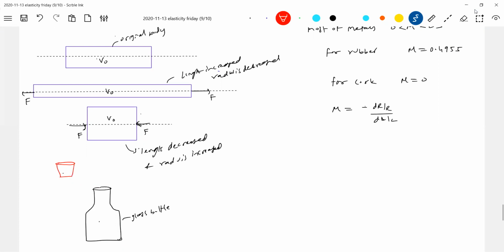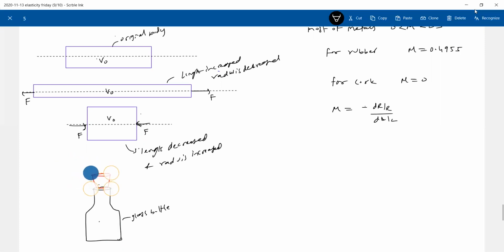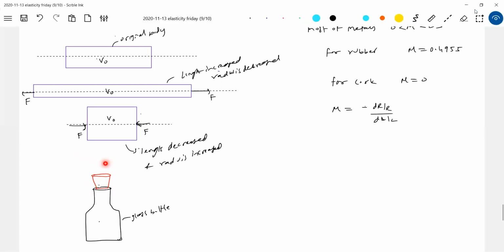Let's see, the cork shape will be like this. Now I want to bring the cork, place it, and hammer it with something. I'll strike it. Then if it is ordinary material, what is the problem with the ordinary material?